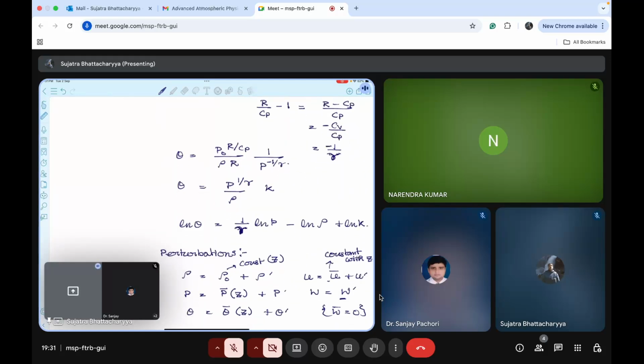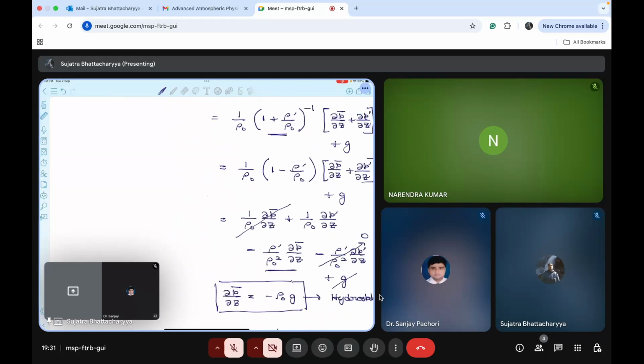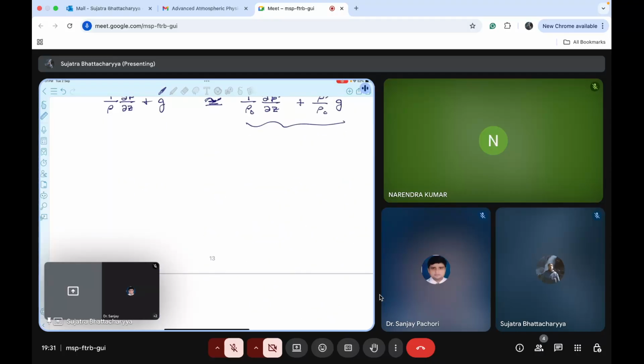Which one? This one. And apply it. So theta is equal to what? Theta bar plus theta dash, which is a function of z. So log of theta bar can be written as 1 by gamma log of p bar minus log of rho naught plus log of k, the constant which we have.